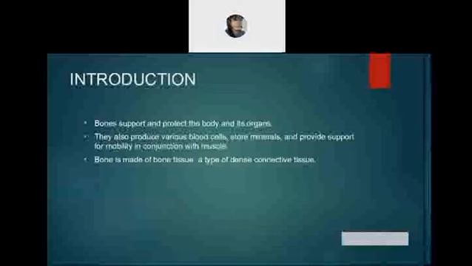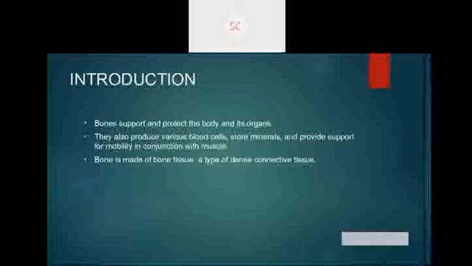As the bones are situated inside your body, even your internal organs are kept in proper position. Okay, the first point. Did everyone understand the first point? Yes, ma'am.